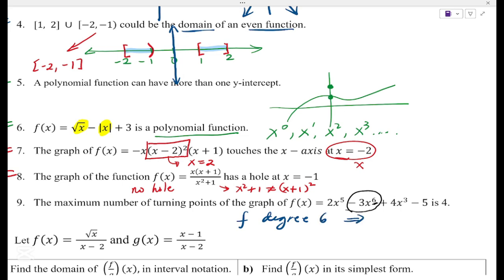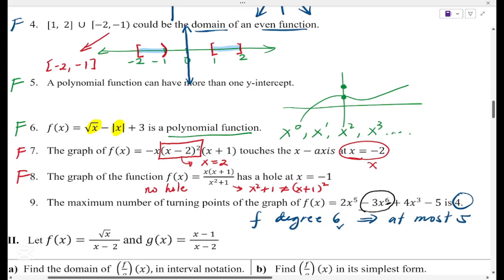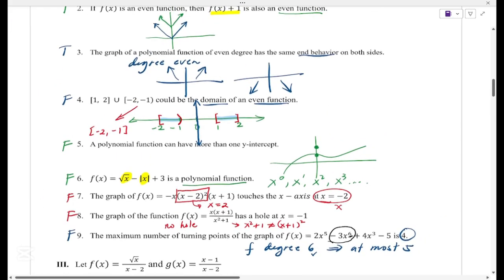It means to say the turning points are at most 1 less than 6, at most 5. So the maximum is 5. So this is not correct because it says here the maximum is 4. When you say at most 5, the maximum is 5. So this is also false.